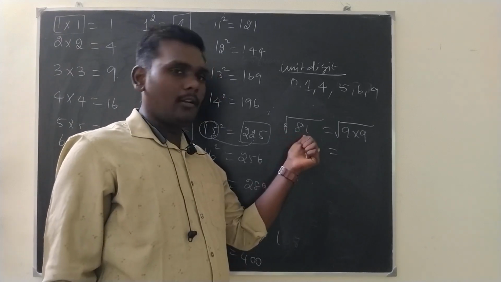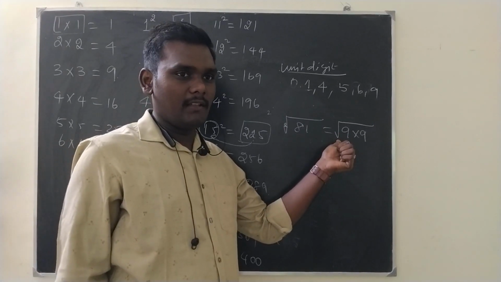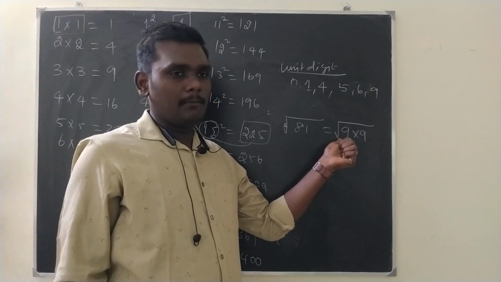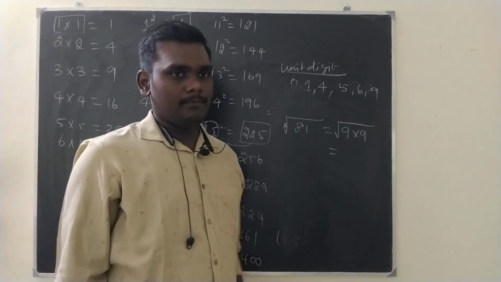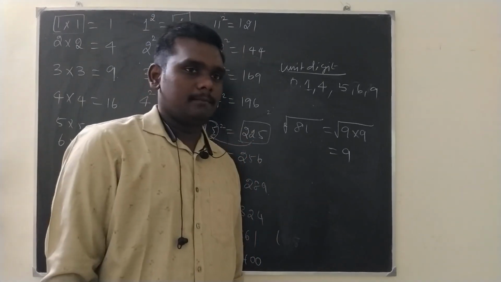So without any number, the symbol means we can consider it a square root. So 9 is a square root of that number.